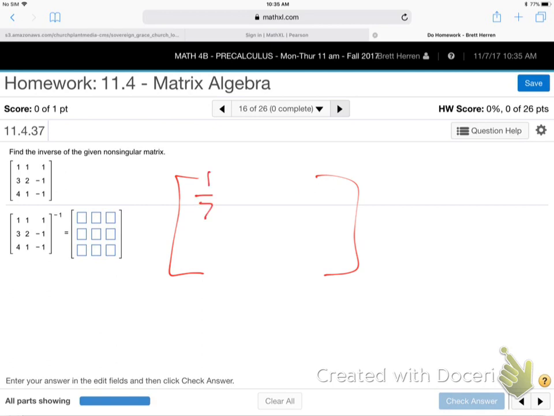So it's 1/7, minus 2/7, 3/7, and then 1/7. Next row is 1/7, 5/7, minus 4/7. Bottom row is 5/7, minus 3/7, 1/7.